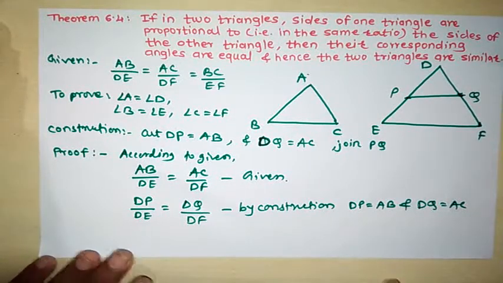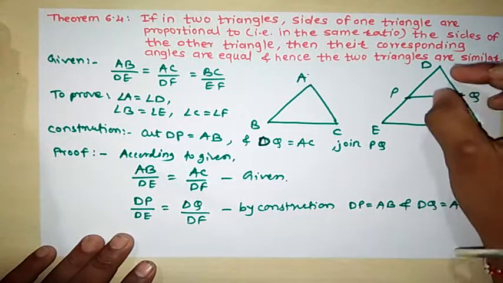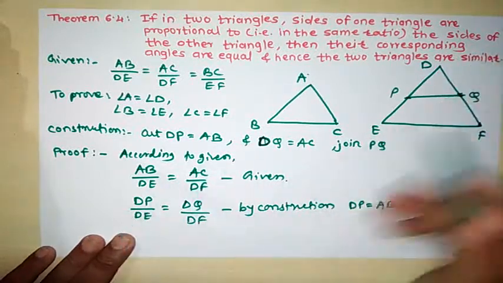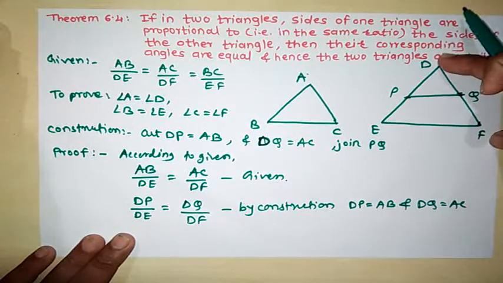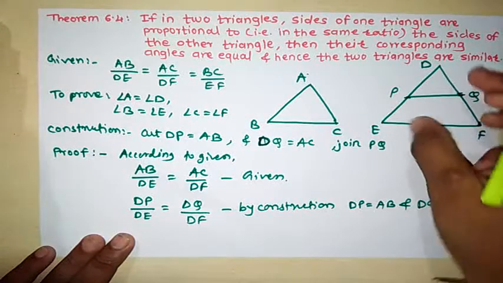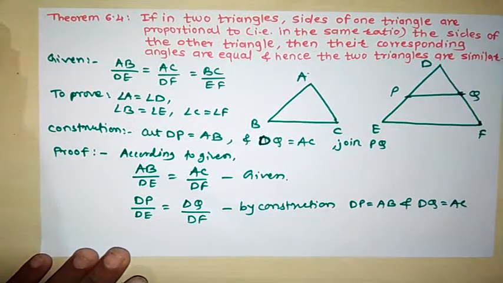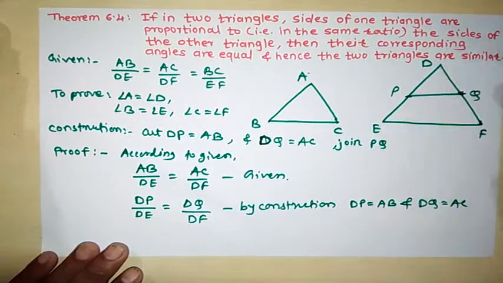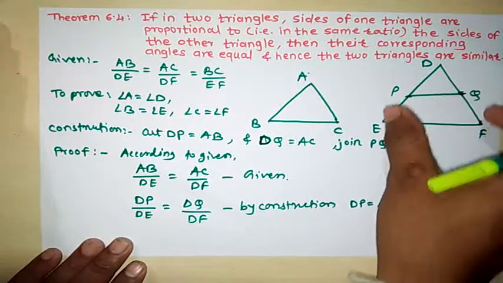Now see in this triangle DEF, what we got: DP by DE is equal to DQ by DF, that is, points P and Q divide the sides DE and DF in the same ratio. Therefore, can we say that this line PQ is parallel to EF?